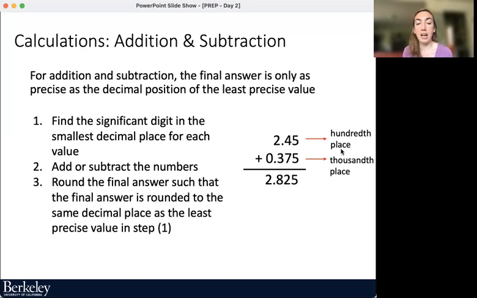But then I have to round it so that the final answer has the precision of the least precise value. In this case, 2.45 only goes to the 100th place, and this goes to the 1,000th place. I should have picked numbers that were easier to say. And so I have to round my answer to the 100th place, so my answer is going to get rounded to 2.83.